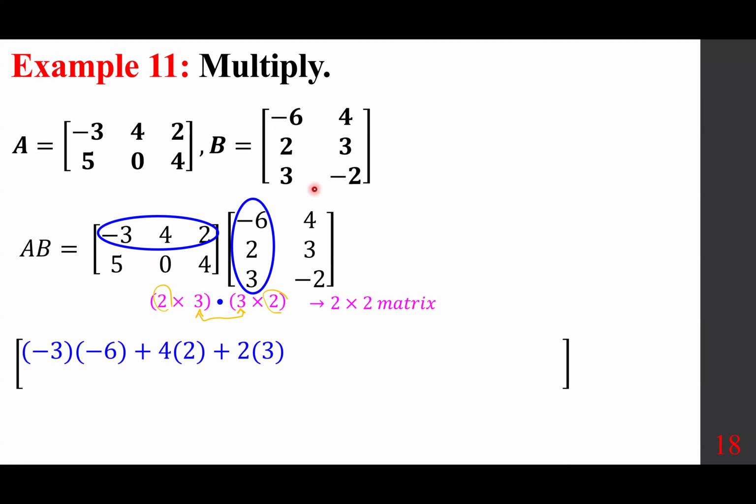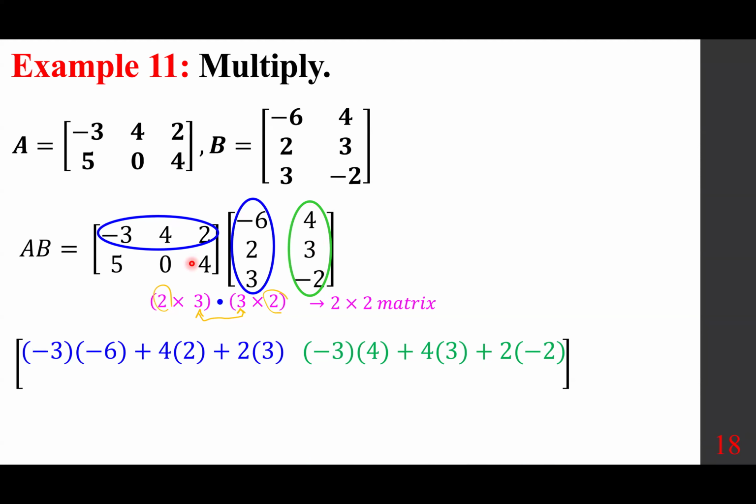Minus 3 times 4, 4 times 3, 2 times negative 2, add them up. So you multiply this by this. Now, forget about this row. Let's go to the next row.